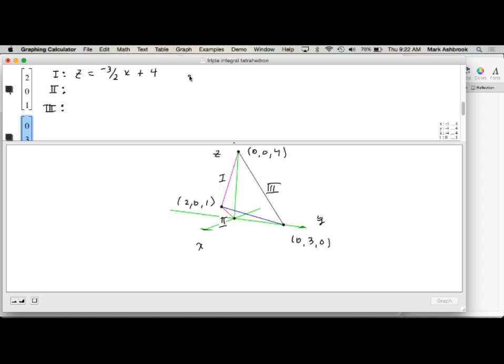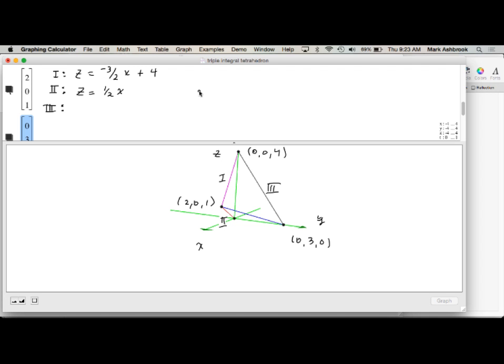Line number 2. This is an easier one, hopefully. What's that one? Z equals 1 half x. Positive. So as x increases, z increases. I think 1/2 x is right, because if x is 2, z is 1.